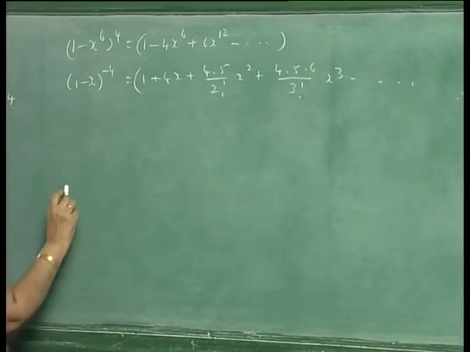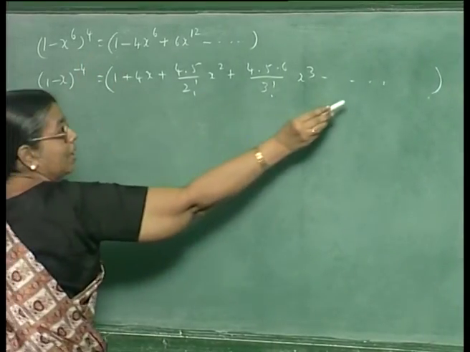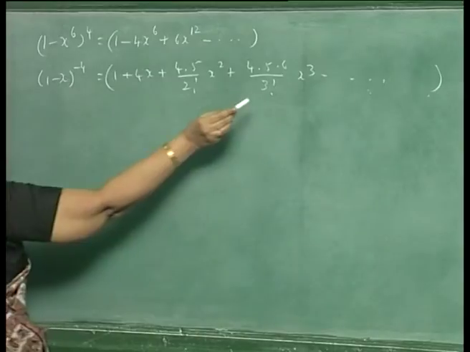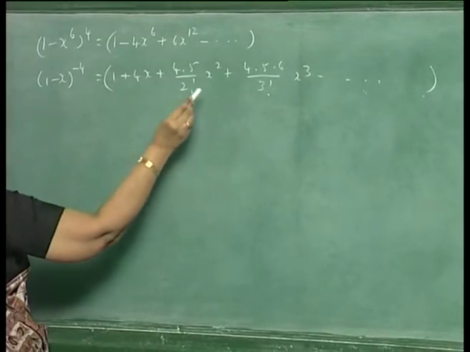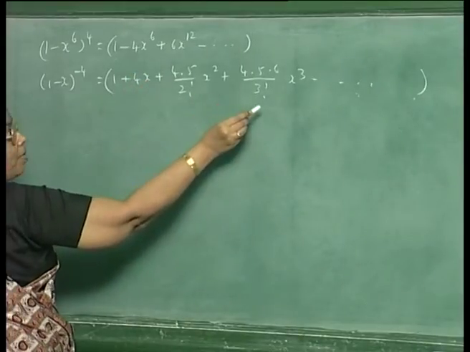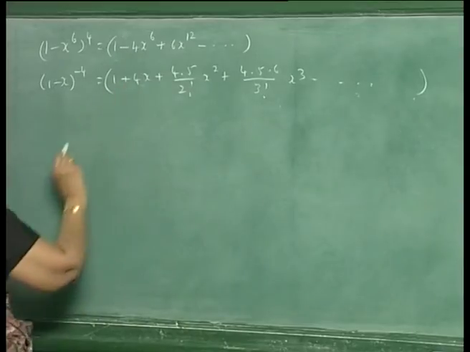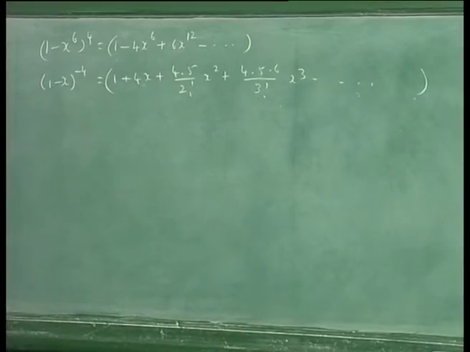How can you get x power 13? You can multiply this 1 by the term consisting of x power 13 here, and you can multiply this term by the term having x power 7 here, and you can multiply this term by this term. So, in 3 ways you can get x power 13.